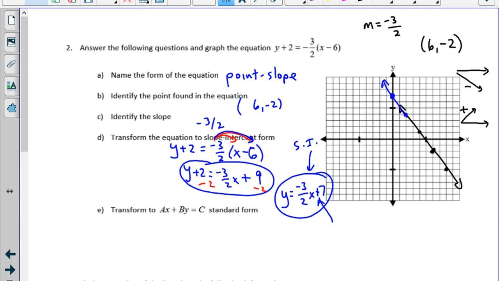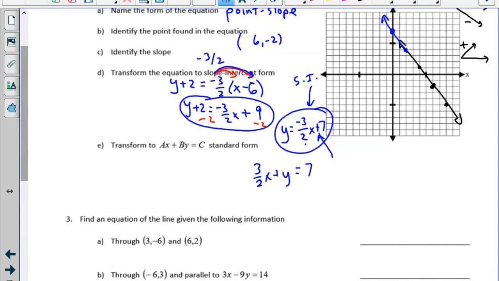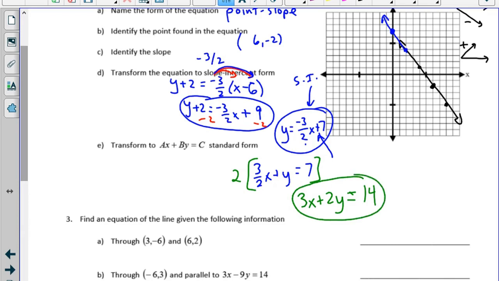Now I can transform this into standard form. All I have to do is add 3 halves x to both sides. So 3 halves x plus y equals 7. Then I have to remember the rule that a, b, and c all have to be integers. The easiest way to make them all integers, since there is a denominator of 2 here, is to multiply the entire equation by 2, and I end up with 3x plus 2y equals 14, and that is a standard form equation.